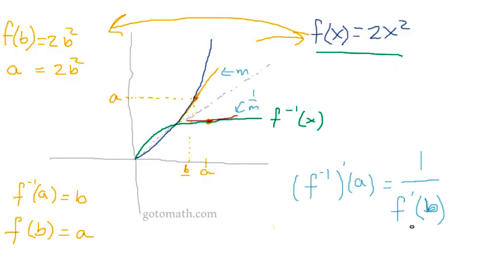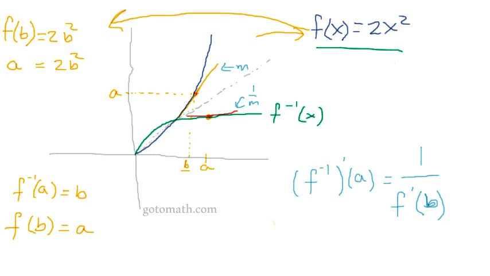If I find the derivative, f prime of b, we discussed how to get b, we take b and plug it in, then that gives us the slope of the tangent line. But then all I have to do now is take 1 over that, and that automatically gives us the slope of this tangent line at a. And that's it. That's all you've got to know.